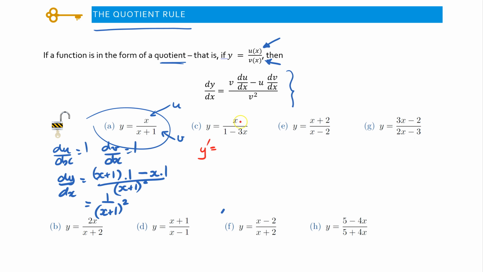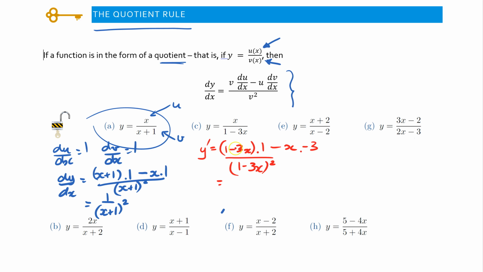So I look at this and it's got a top and a bottom. It's a quotient. So take the bottom, put it down and square it, then put it up the top, multiply it by the differential of the top, which is 1, minus, put down the top, and multiply it by the differential of the bottom, which is negative 3, and then tidy things up.